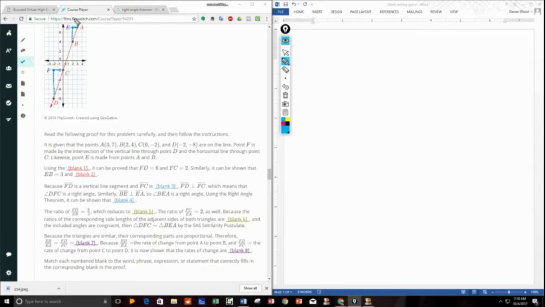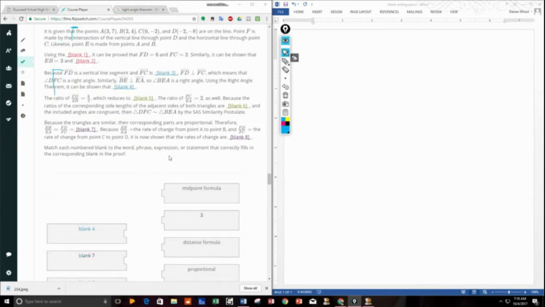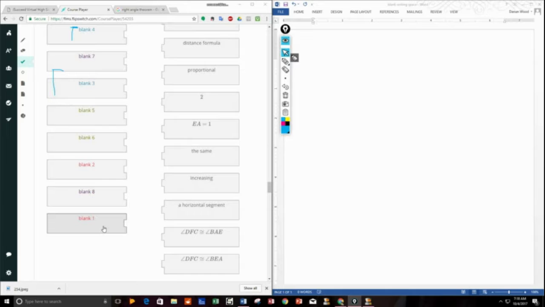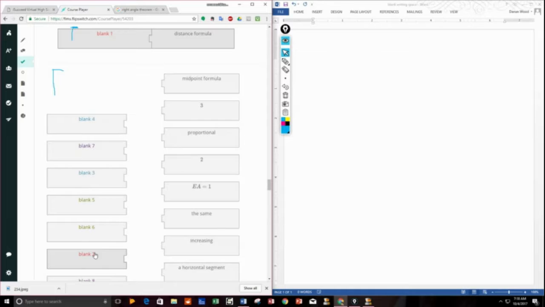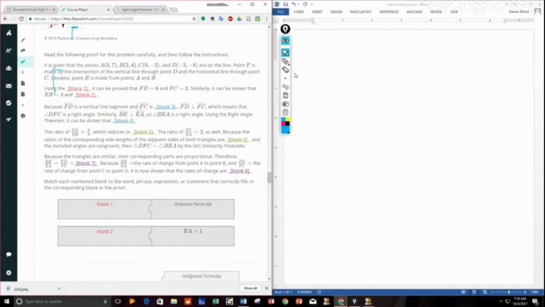So we want to know both of those distances. So EA is 1. So blank 1 is the distance formula, and blank 2 is EA is equal to 1.